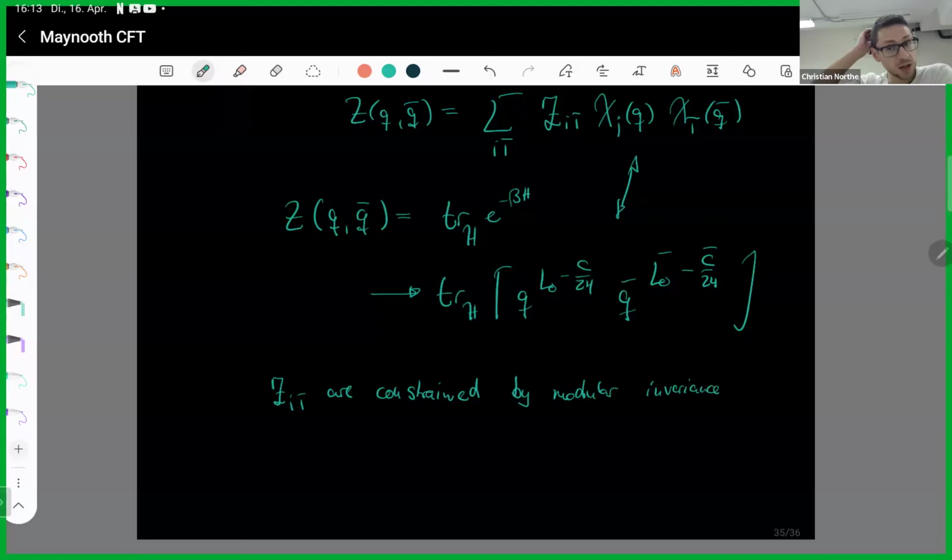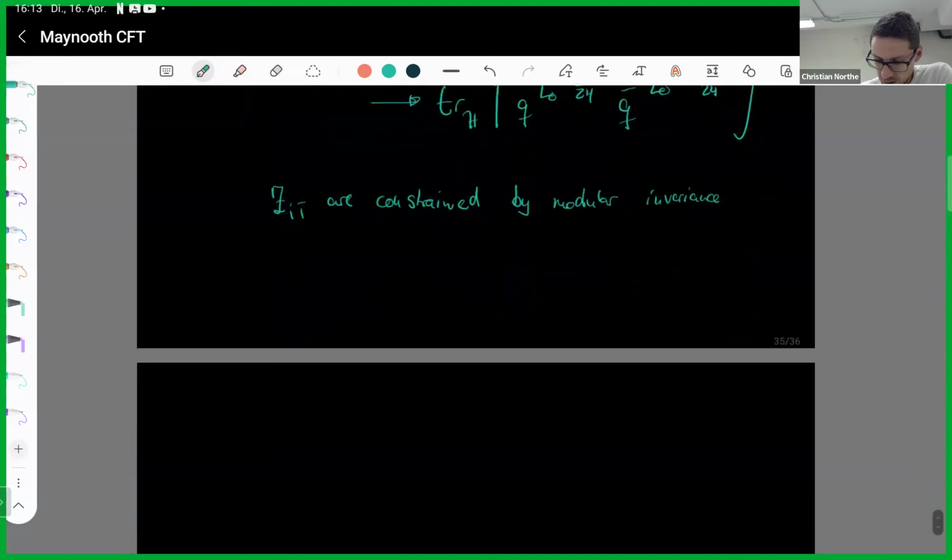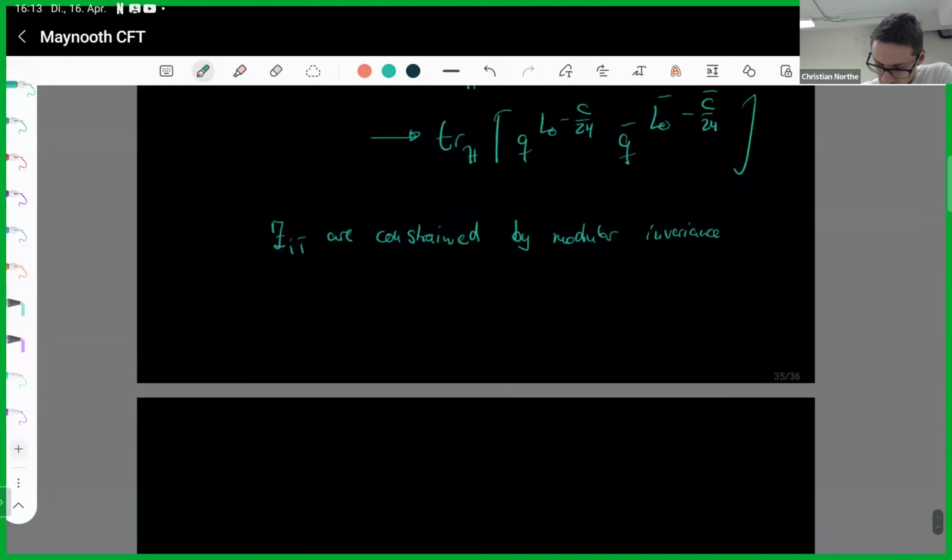And this is an important concept, which I will not have time to discuss. The upshot is this.